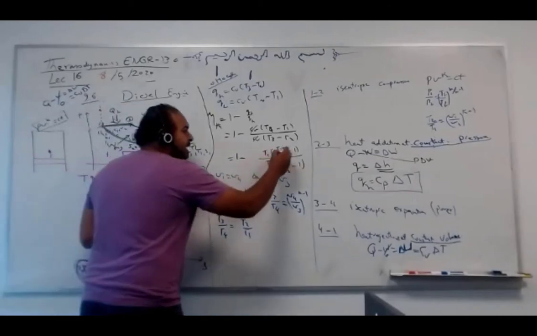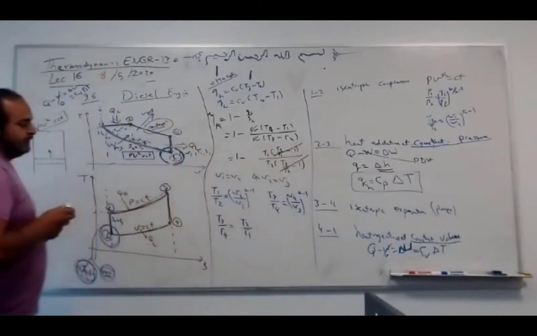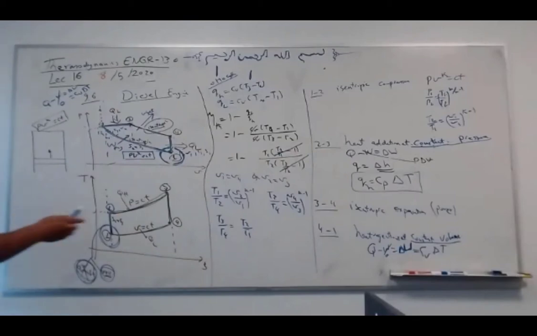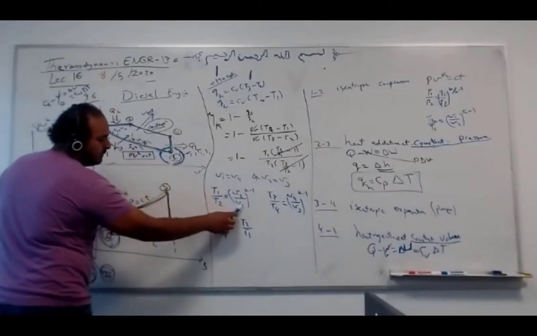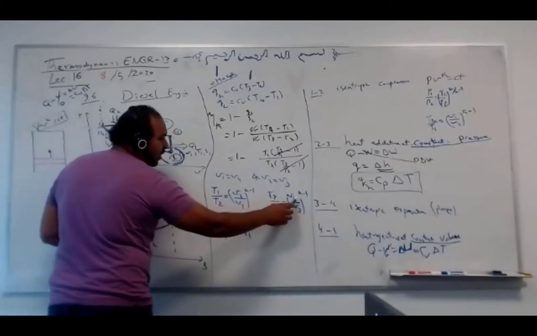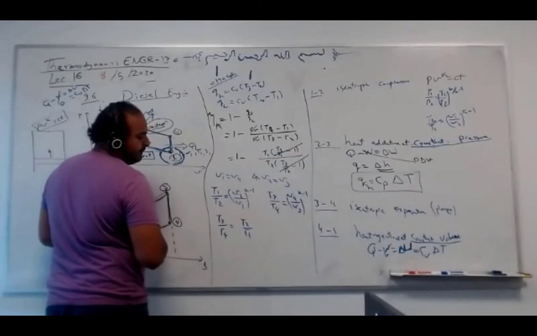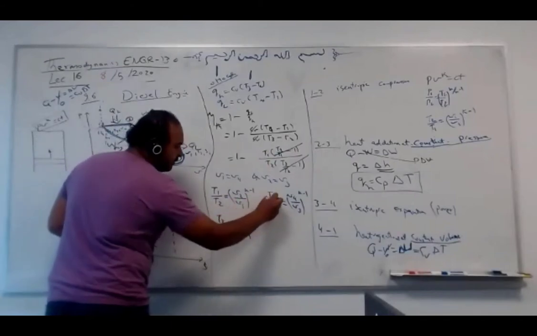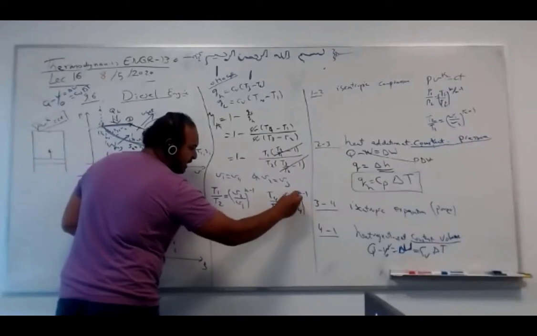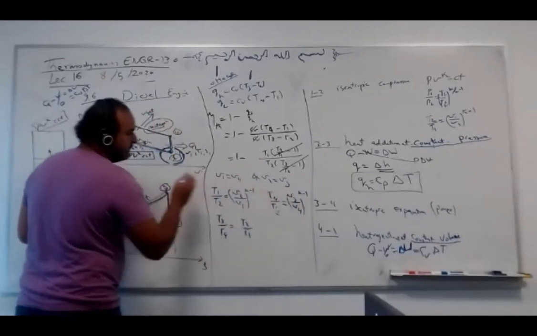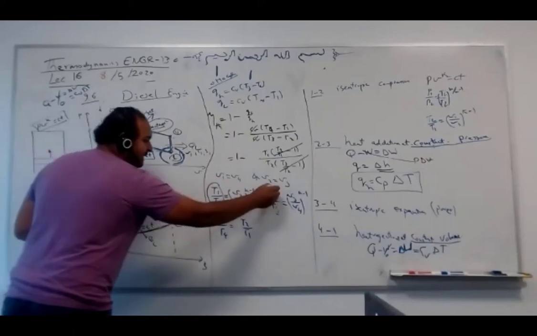So this term is exactly this term. V2 over V1 is 1 over R, the compression ratio. V4 over V3 is R. If you want, write T4 over T3, so here it will be V3 over V4. This is R, and this is 1 over R, so this equals that.